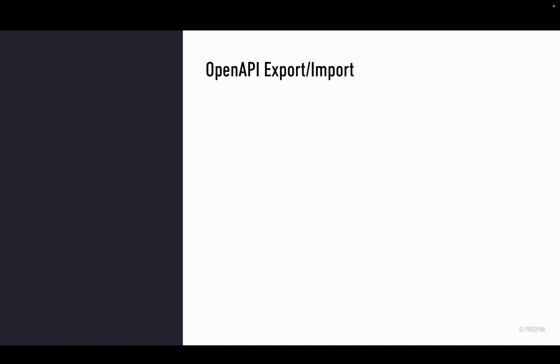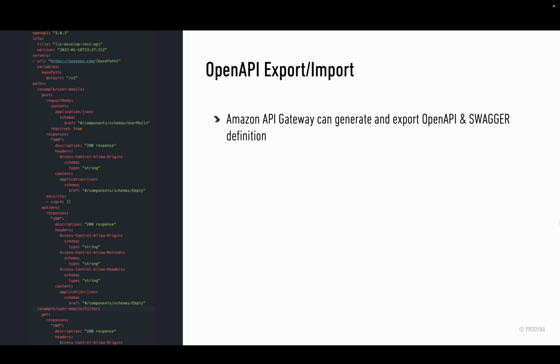One more very cool feature from the API gateway is that you can export your whole API gateway definition as an OpenAPI or Swagger definition. So you got one file, and then the description of your whole API is in this file.